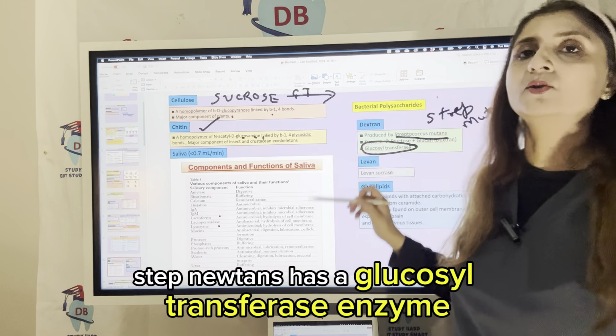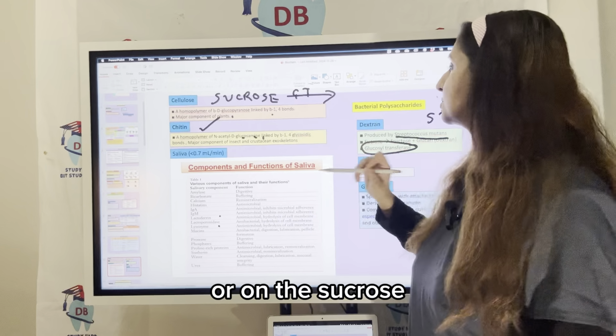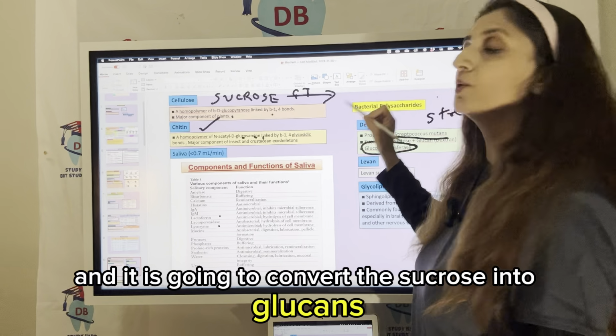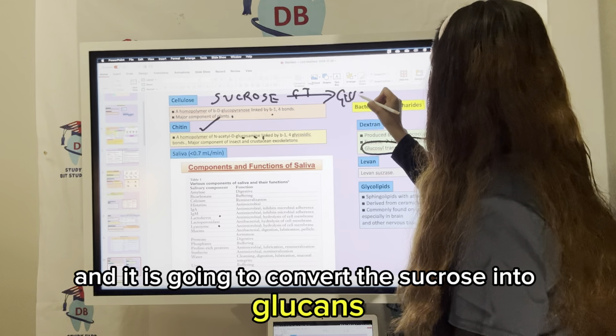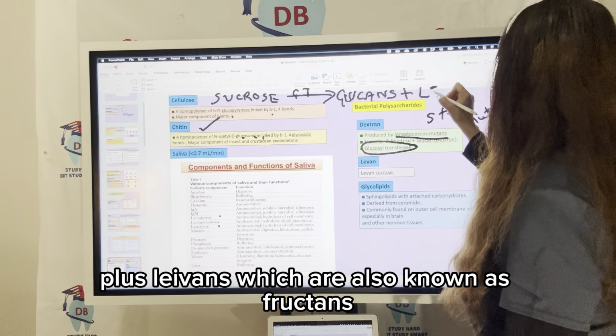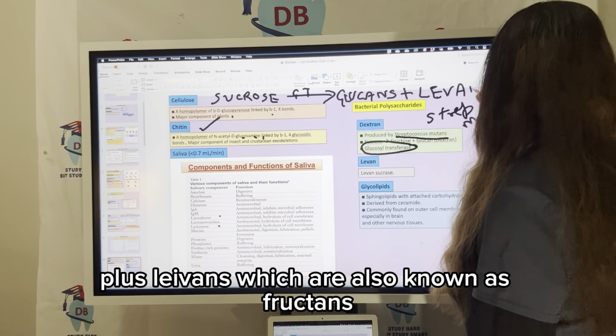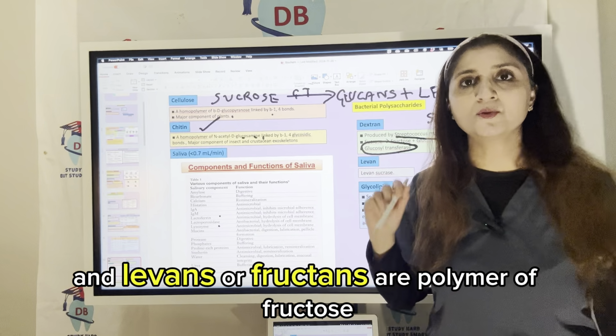Strep mutans has a glucosyltransferase enzyme that is going to act on your dietary sugar, the sucrose, and convert it into glucans, which are also known as dextrans, plus levans, which are also known as fructans. Glucans are the polymer of glucose, and levans or fructans are polymer of fructose.